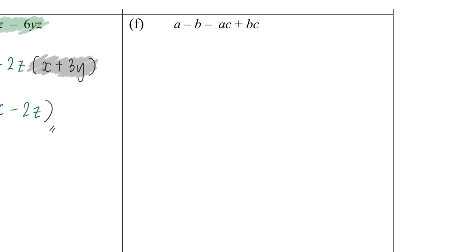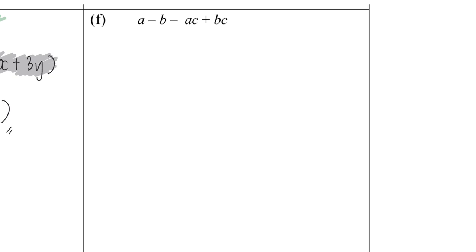And the last example for this part of the video, a minus b. Oh, there is no common factor. Hey, but wait a minute. But the green color group, there is a common factor c.